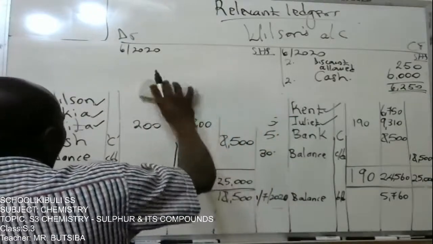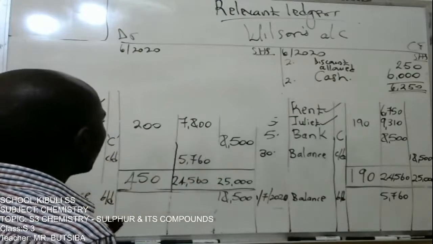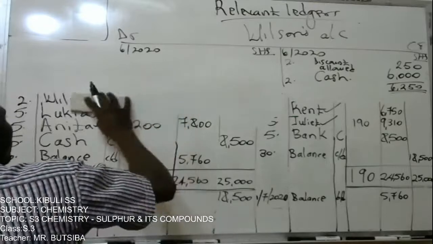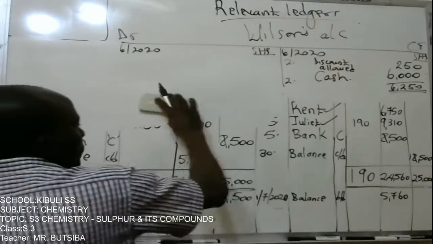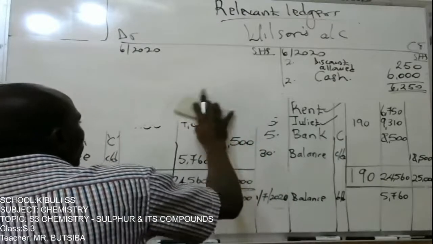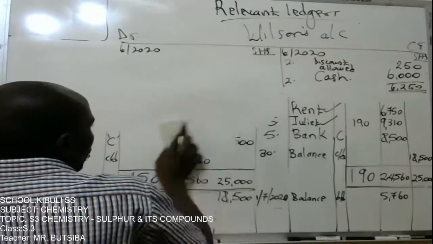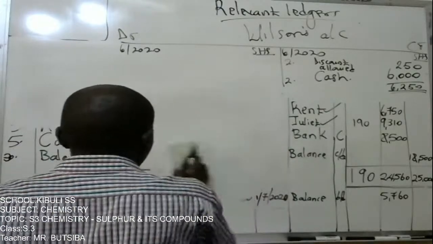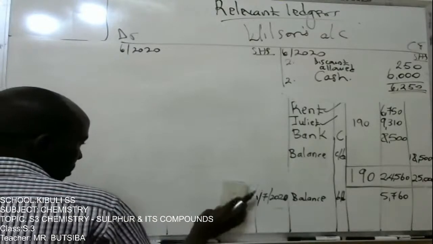So you can go ahead and do the same for Anita's account. So you maintain this. Because Anita paid us, that means you're going to record on the credit side of Anita's account. So go ahead, open up Anita's account.